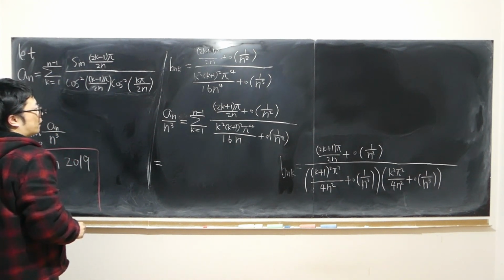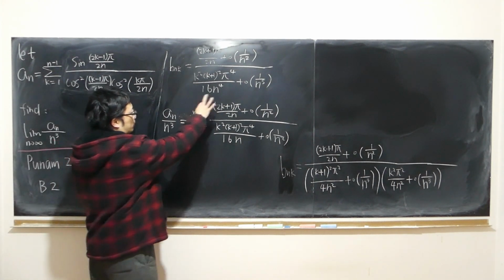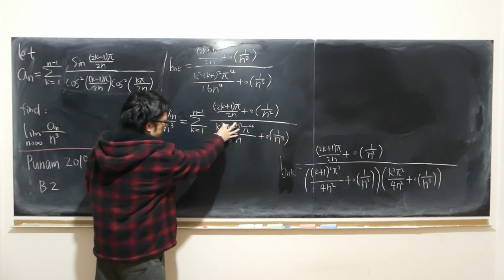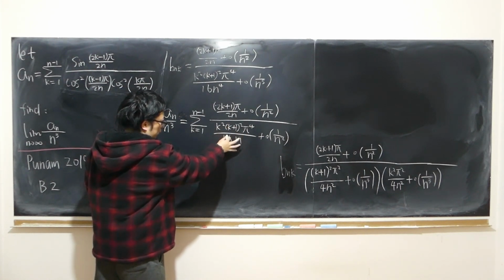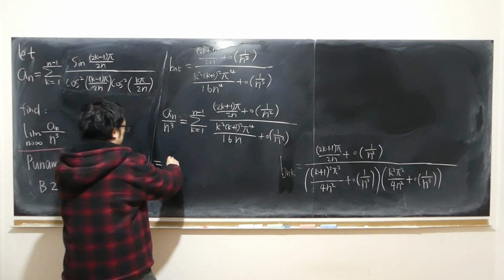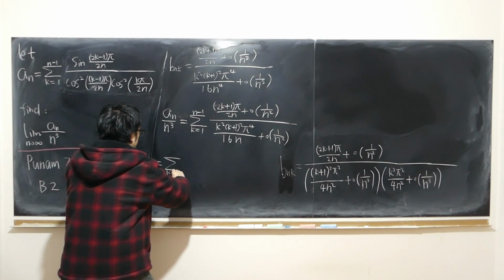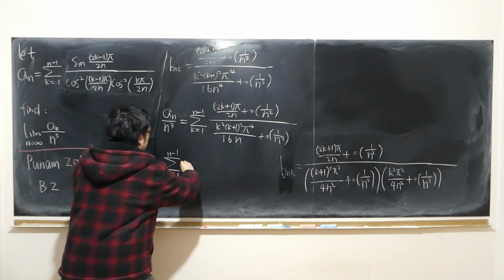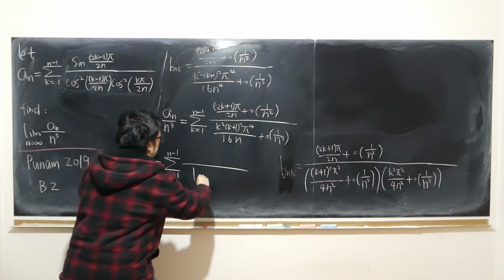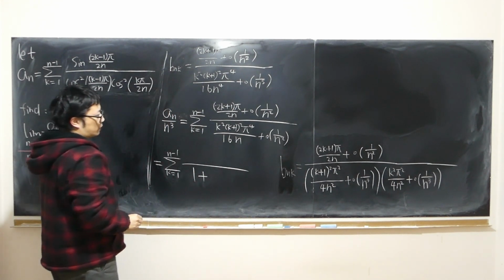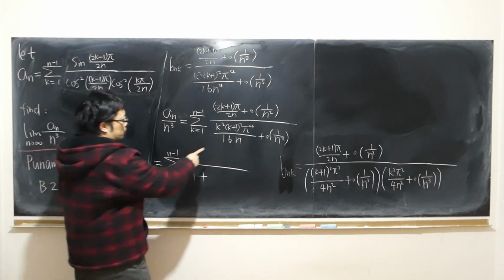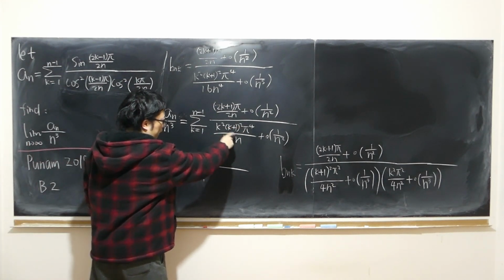This time we multiply everything, both top and bottom, by the reciprocal of this term. So this term will turn into 1, just 1 plus little o of something. Just focus on 1 over n.